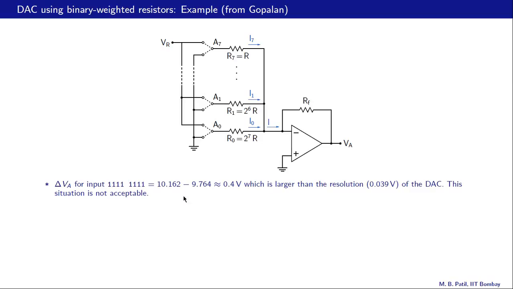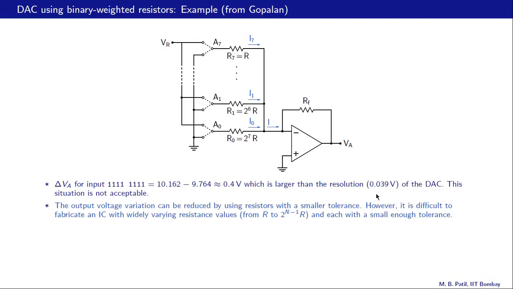And the difference between these two is about 0.4 volts, which is quite significant because it is much larger than the resolution of the DAC, which was 39 millivolts. So this situation is clearly not acceptable because it will lead to inaccuracies.